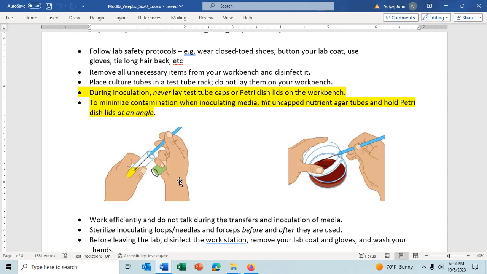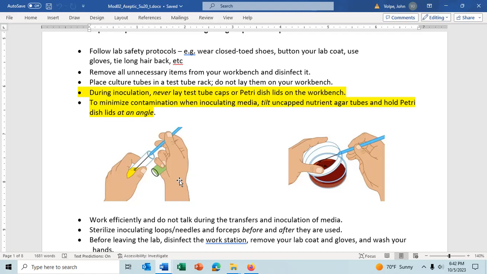You don't want to hold it this way, because any microbe in the air can fall down and enter the tube. You want to hold it at an angle and inoculate it that way. So most microbes falling down from the air are going to hit the side of the tube or miss the opening. There will be some coming directly in that can contaminate the tube.